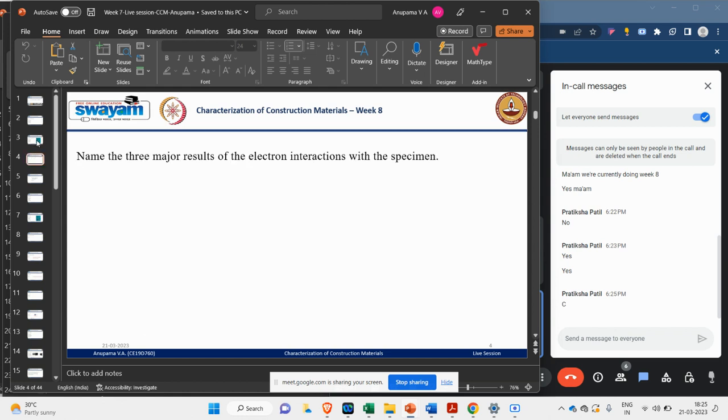Name the three major results of the electron interactions with the specimen. In scanning electron microscopy, the electrons interact with the specimen and three major types of interactions are present. Can someone unmute and share them?